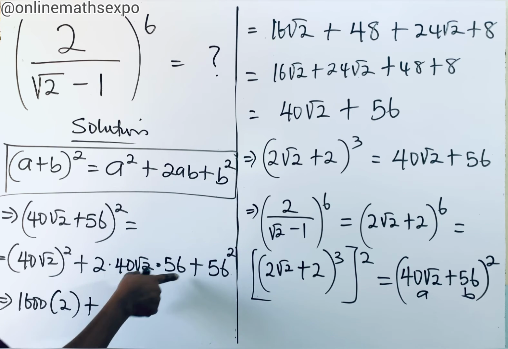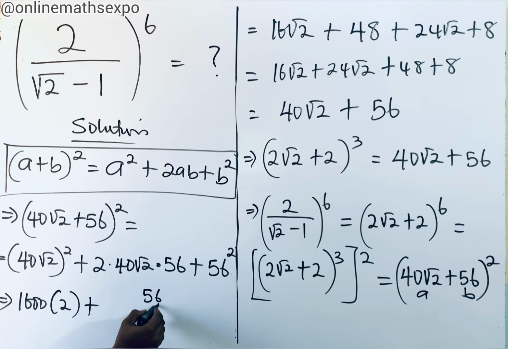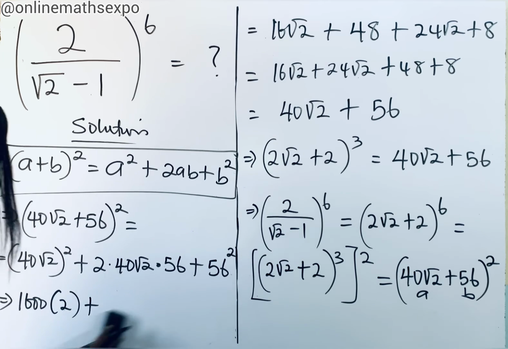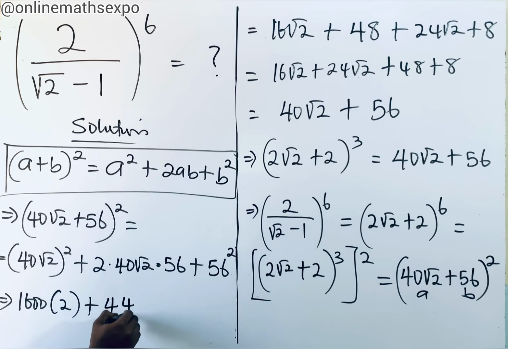Let's multiply 8 by 56. This will give us 48. We write 8, take 4. This will give us 40 plus 4, which gives us 44. Remember what you have is 40, so you add 0. So we're going to have 4,480. So this will give us 4,480 root 2.